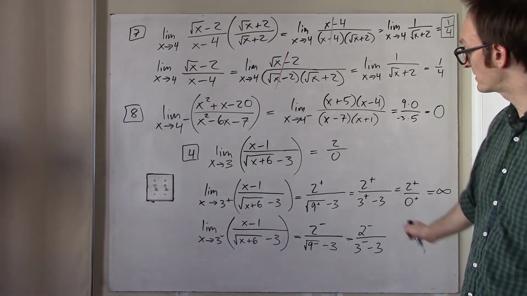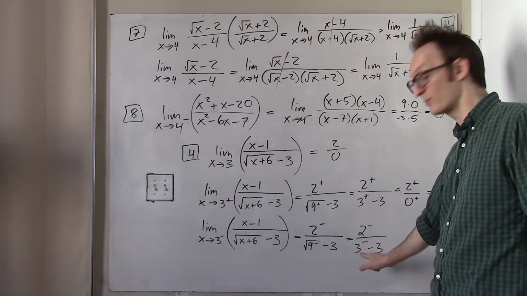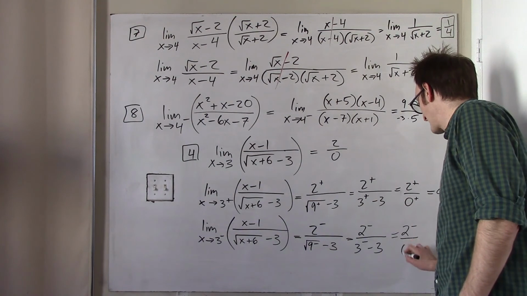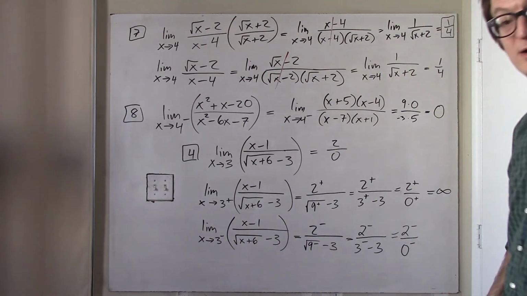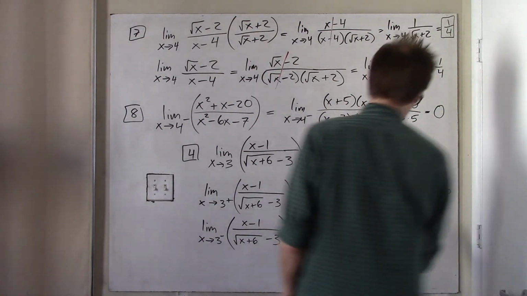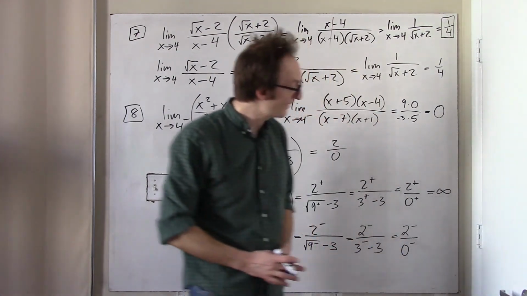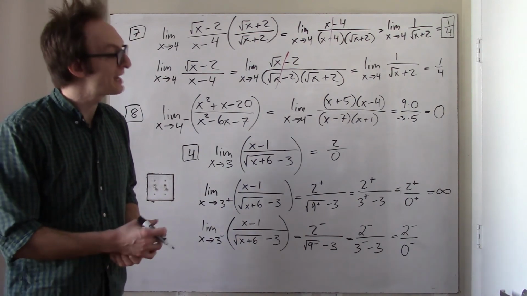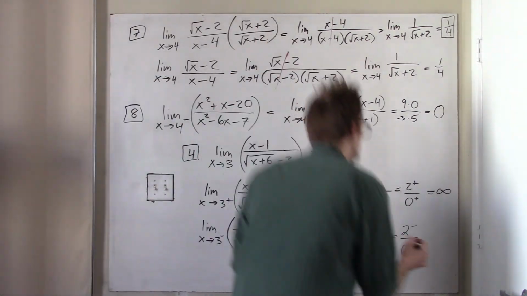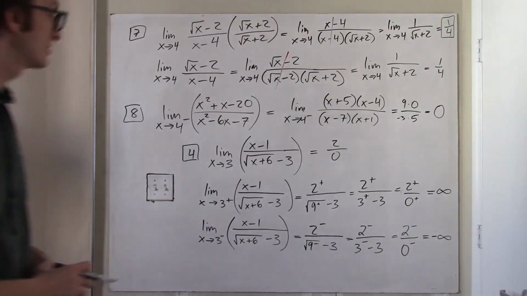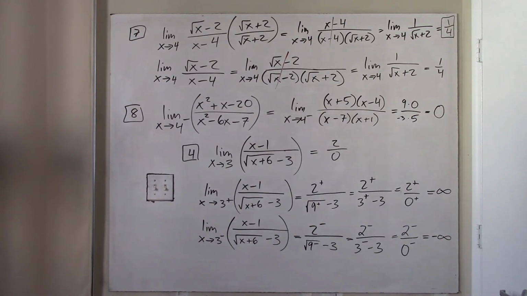Now if I subtract 3 from a number which is a little bit less than 3, that's going to give me a tiny negative. And the numerator is a little bit less than 2, but that doesn't really matter. What matters is that the numerator is pretty much just 2. And if you divide pretty much just 2 by a tiny, tiny negative number, what you in fact get is negative infinity.